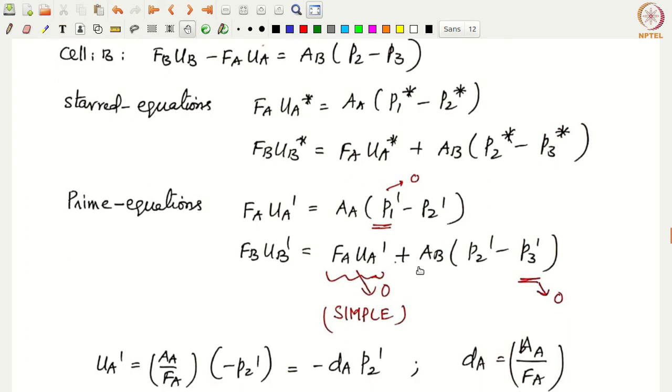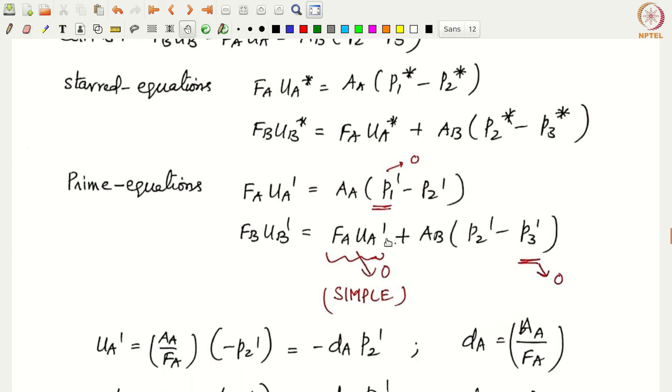But because of the SIMPLE algorithm, the contribution coming from the neighbouring term, FA UA prime, is taken to be 0. This approximation comes from the SIMPLE algorithm.